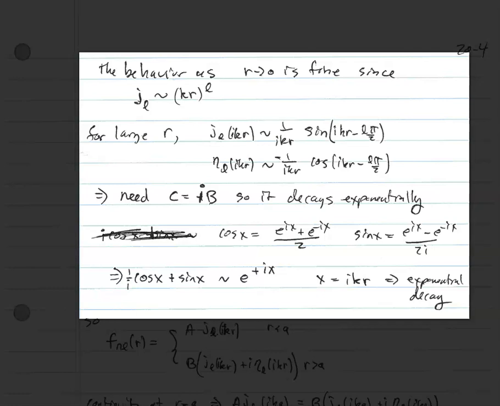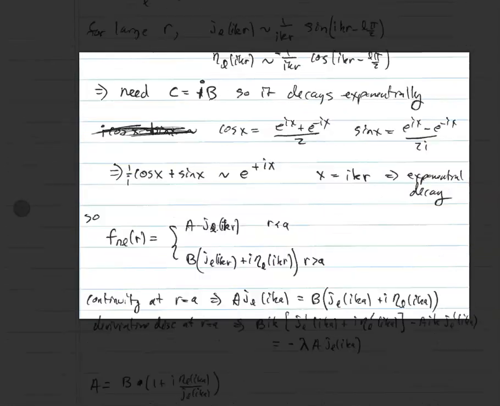Then you see that we have to pick c equals i times b in order to get 1 over i times cosine x plus sine x, which is proportional to e to the plus ix. And then when I let x equal ikr, I will get e to the minus kr, which is the exponential decay.